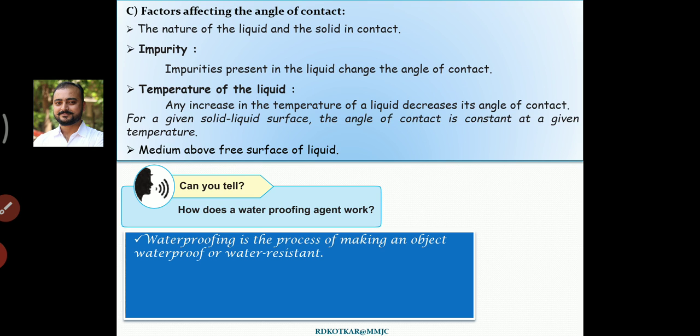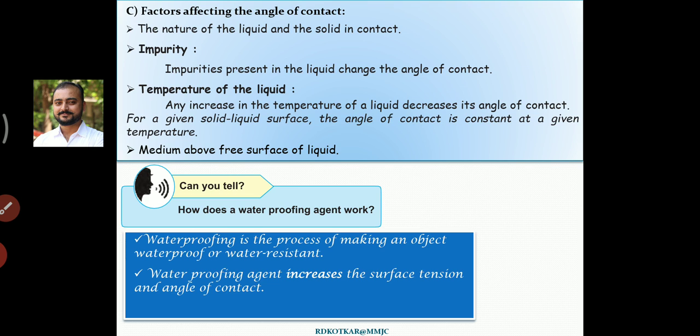In short, if you do not want to wet a given substance or object, and you pour water on it but it stays dry, it becomes waterproof. You want a waterproof substance, so you do waterproofing. Then what is the function of this waterproofing agent?